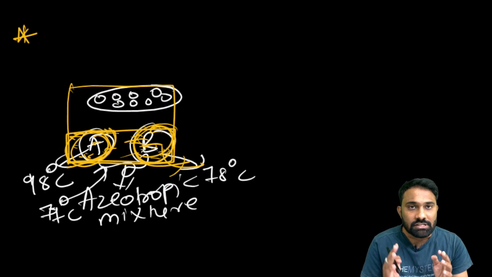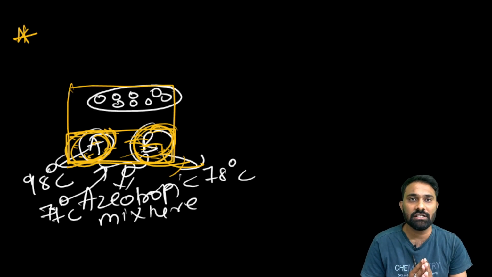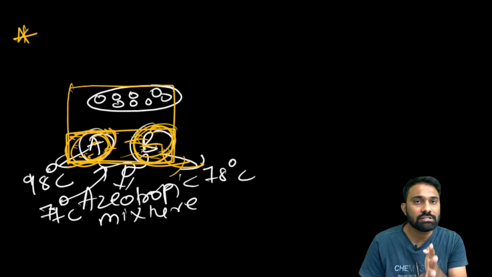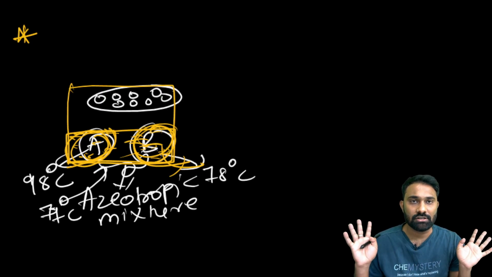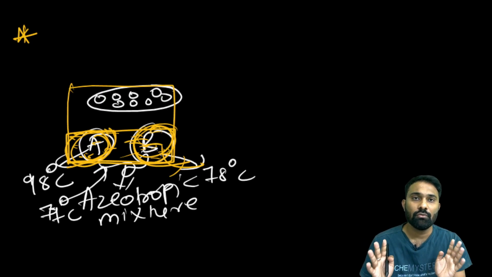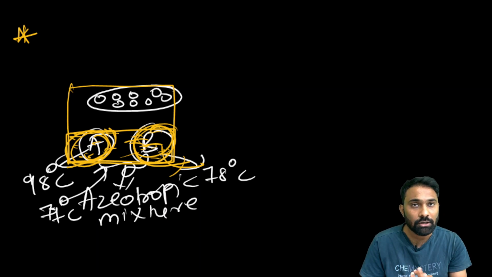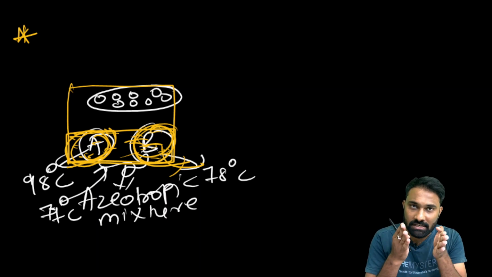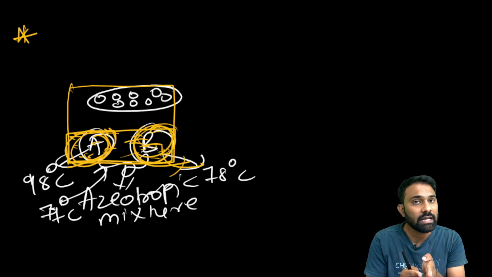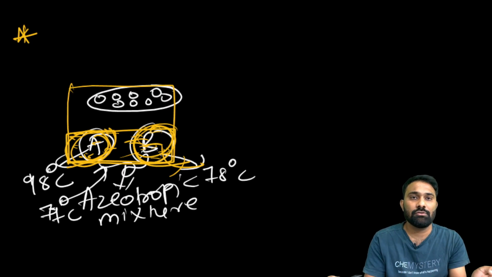But with simple distillation or fractional distillation, we cannot separate out pure components from the azeotropic mixture. This is a very important point. Sir, what is the point we have to remember? Once the azeotropic mixture has been formed, we cannot separate it into its pure components.